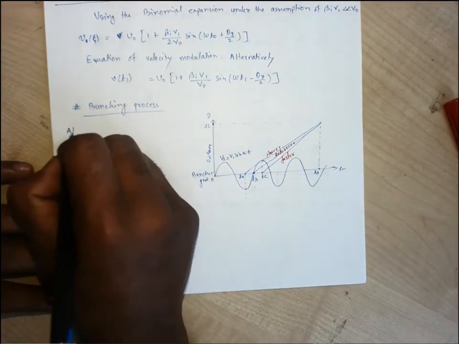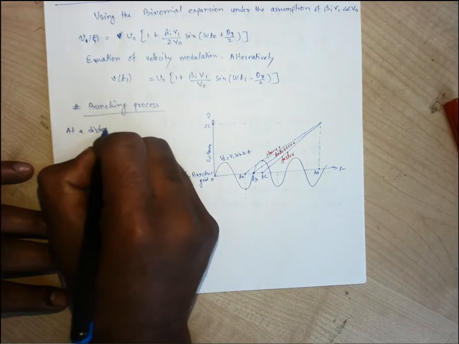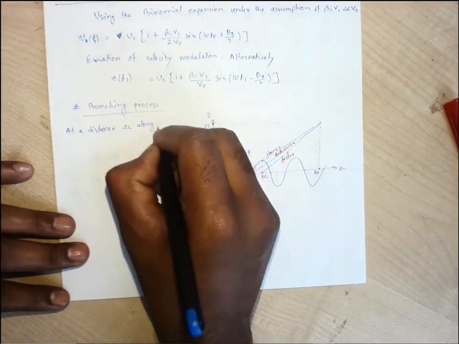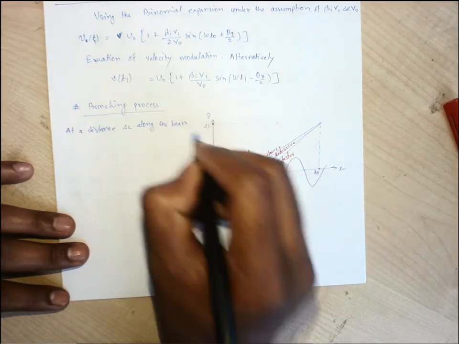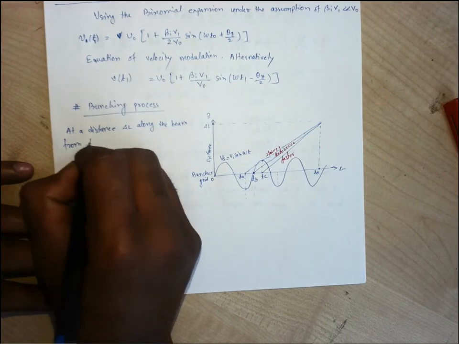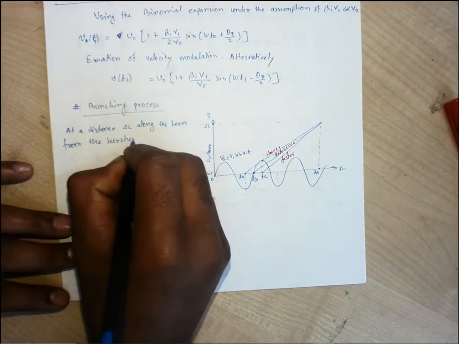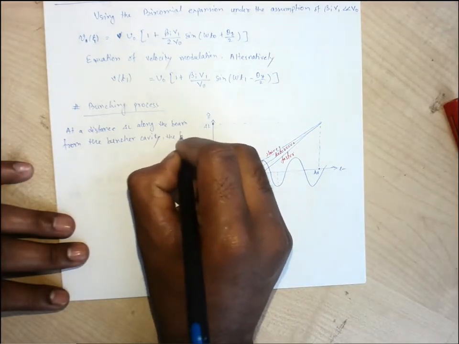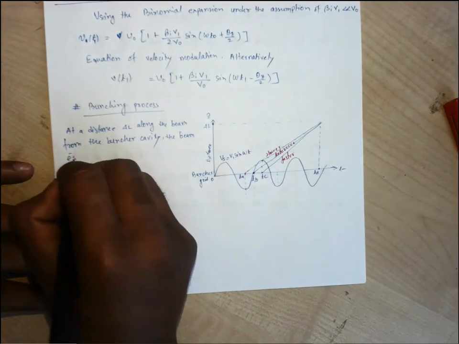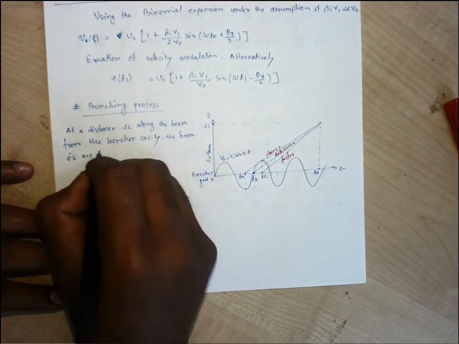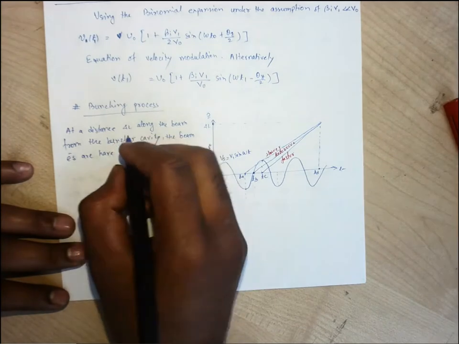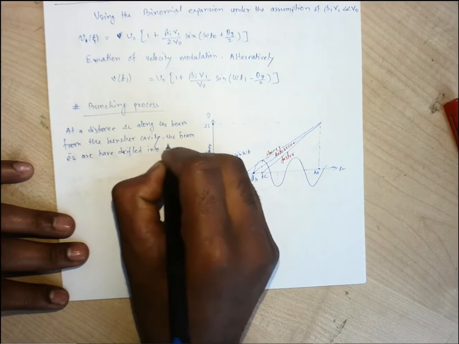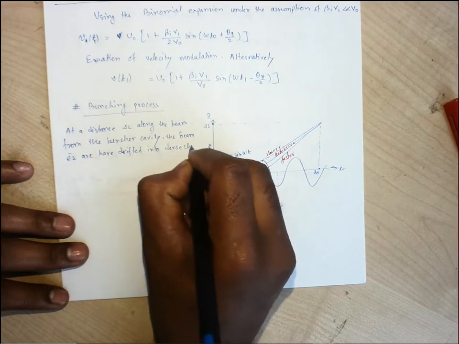I am just writing: at a distance del L along the beam from the buncher cavity, the beam electrons have drifted into dense cluster.